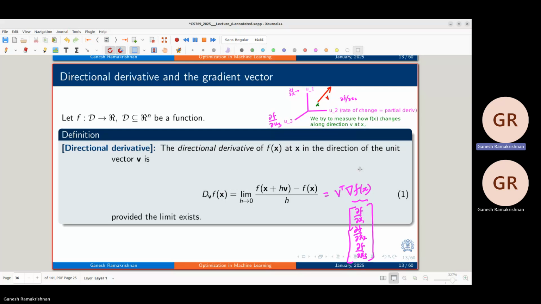So v will be looking like this. This is the x1, x2 plane. The gradient is also going to be in the x1, x2 plane. Let me use a different color. So the gradient will be something like this or whatever. What should this gradient try and encapsulate?